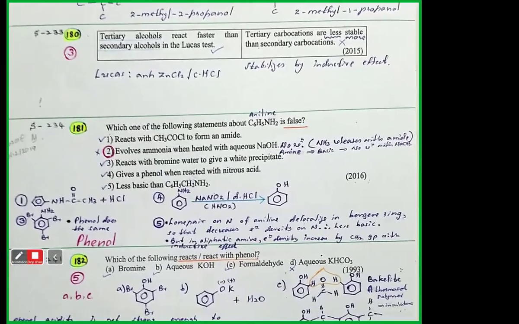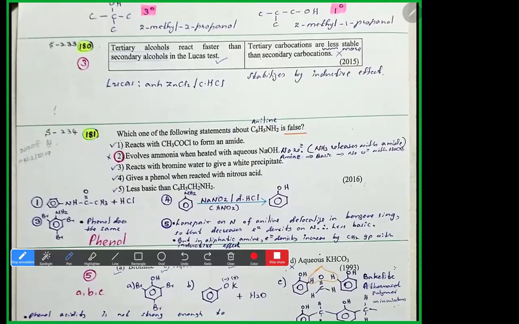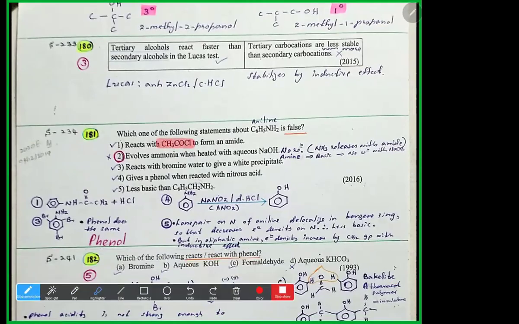Question number 181. Which of the following is false about aniline? Reacting with the acid halide to produce a substituted amide; evolves ammonia when heated with aqueous sodium hydroxide. This is aniline, not amide. Ammonia is released from amide, not from aniline. Bromine water is same as phenol, the white precipitate.